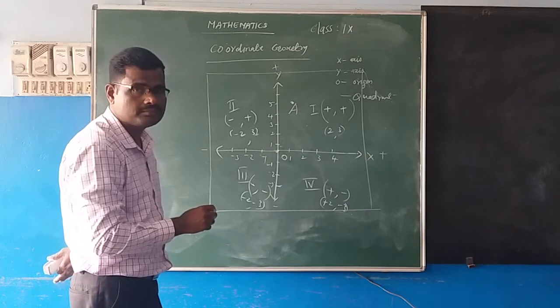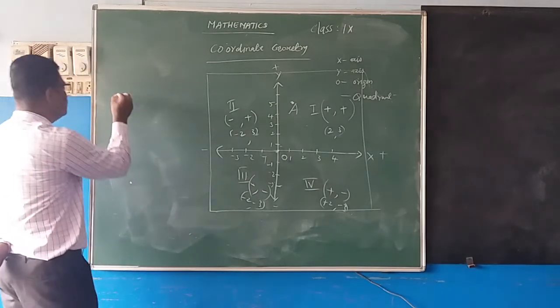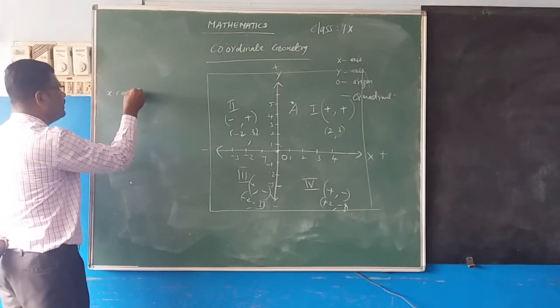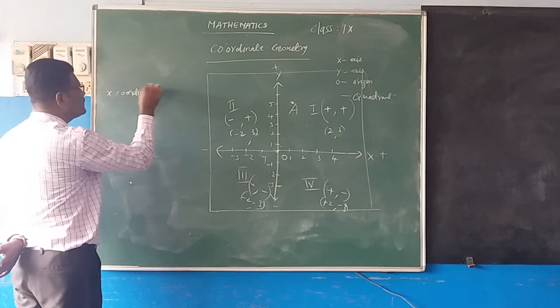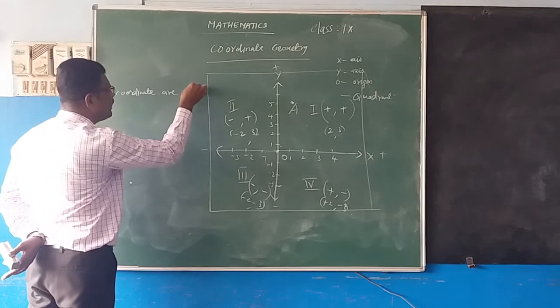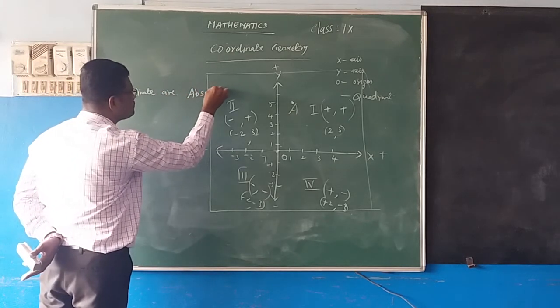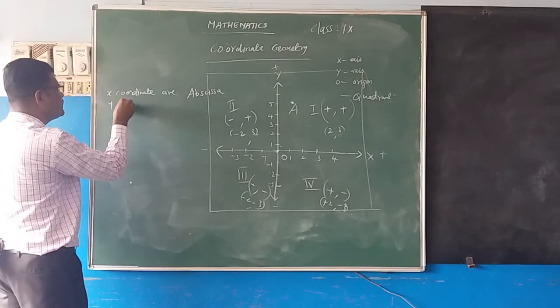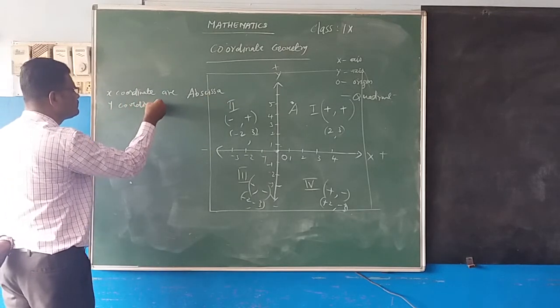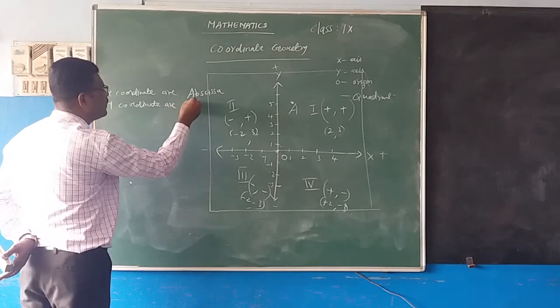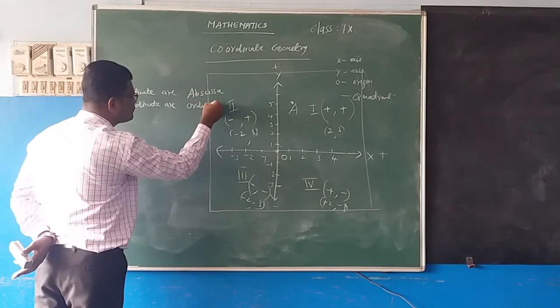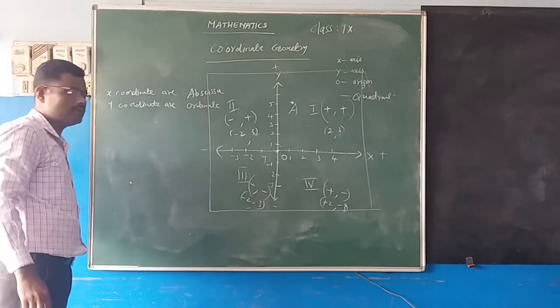Abscissa and ordinate. You have heard of x coordinates. The x coordinates are also called abscissa, and y coordinates are also called ordinates. Very important. Mark it.